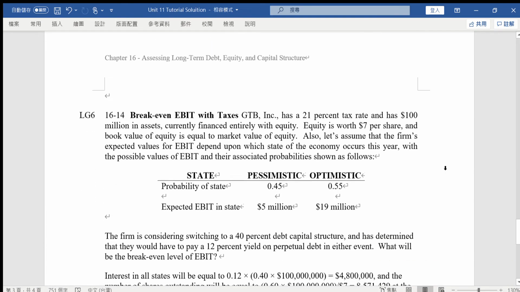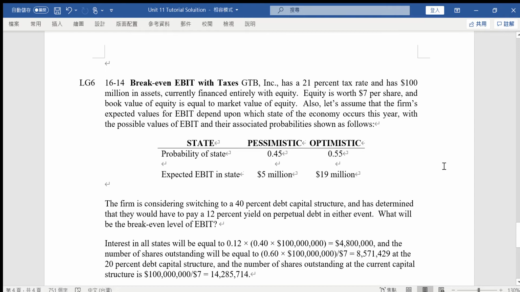Okay, the last question, 16.14. If another company, GTD Industry, has a 21% tax rate, that means the company is facing a 21% tax rate, and has 100 million in assets, currently financed entirely by equities.